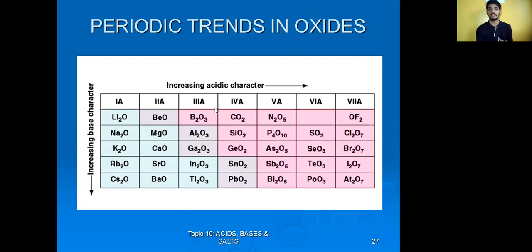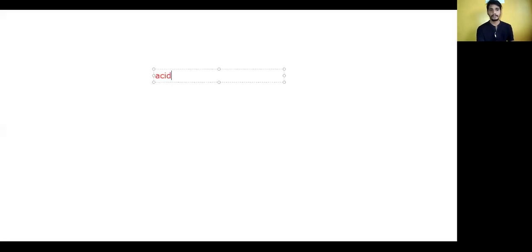Whatever we have discussed, let's recollect it. What we have learned so far: we discussed acids, which donate H plus. We talked about bases or alkalis, which donate OH minus ions.